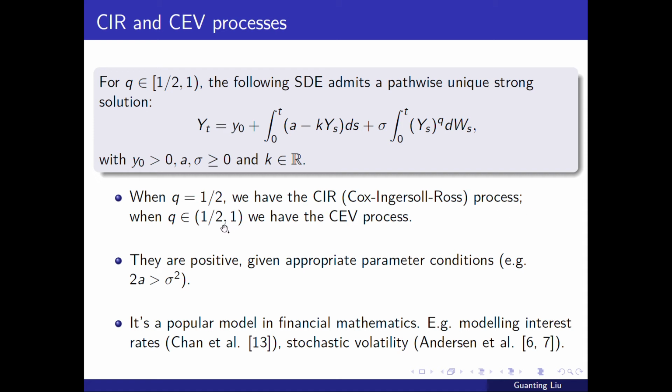If we take q from half to 1, we have the CEV process. CIR and CEV are very popular models in financial mathematics, for example, for modeling interest rate or for stochastic volatility. And they are positive for most of the cases.